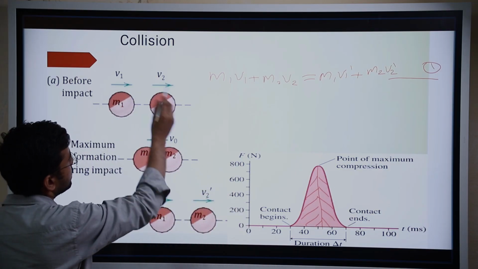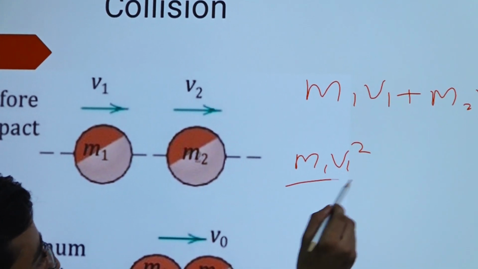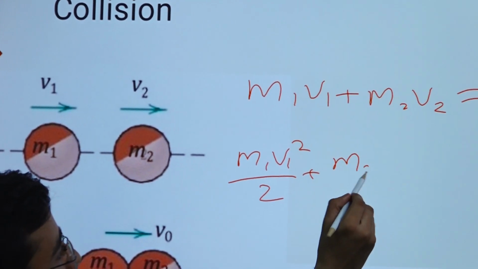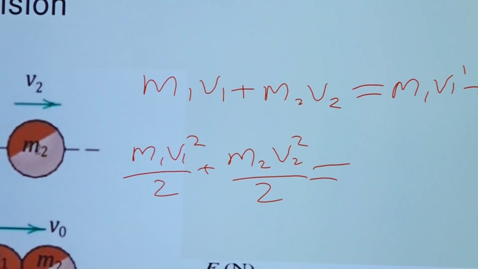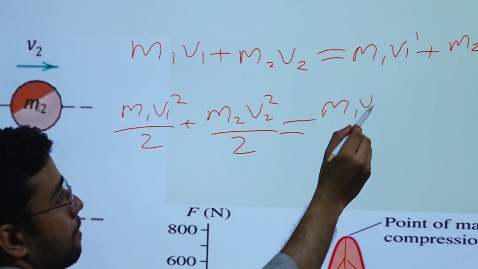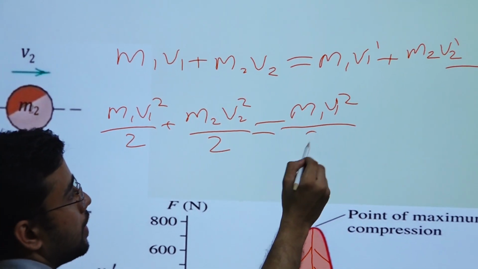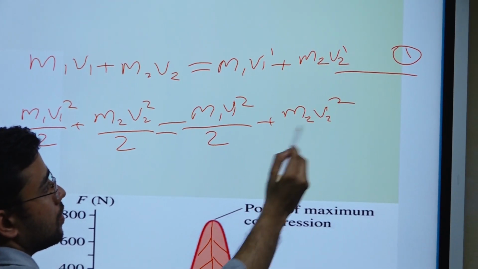So how do we write energy conservation? In the first case, the kinetic energy, m1 v1 square by 2 plus m2 v2 square by 2, should be equal to the energy afterwards, after the collision, m1 v1 dash square by 2 plus m2 v2 dash square by 2.